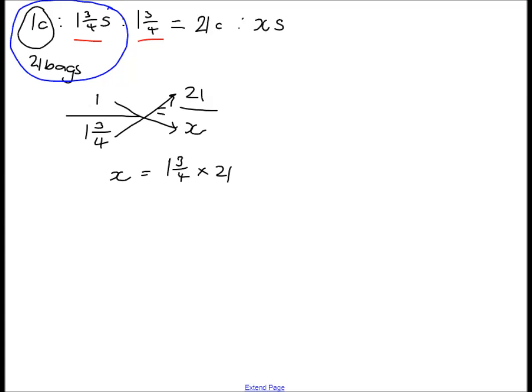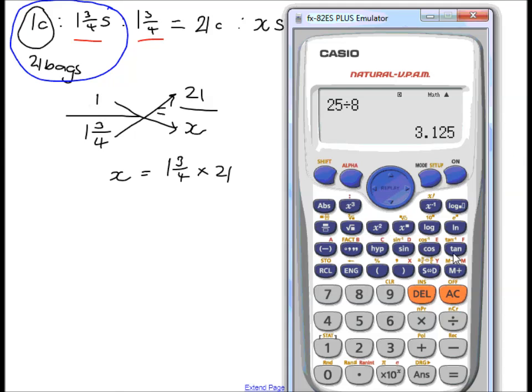Go to your calculator. Now you have to remember that you can't just press the 1 and then the fraction button. You actually have to get the mixed number button, which is shift fraction button.